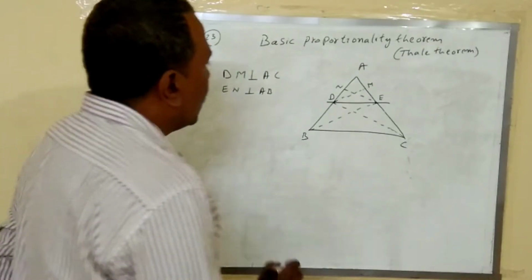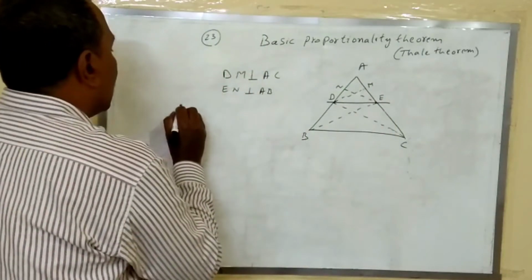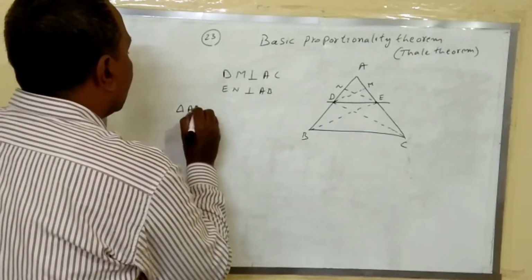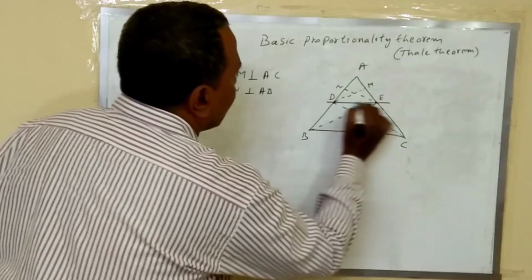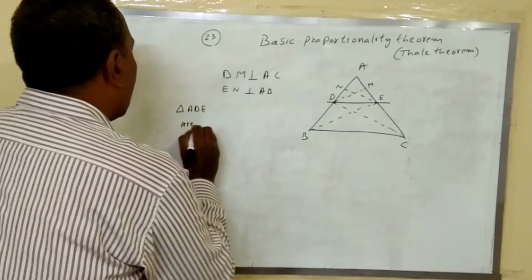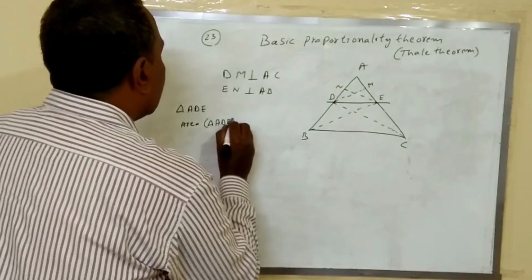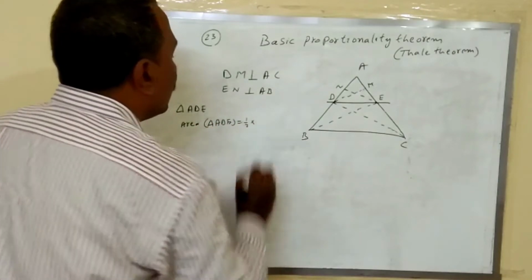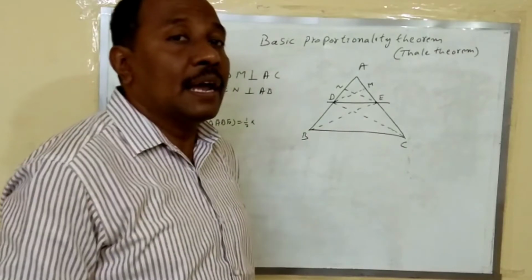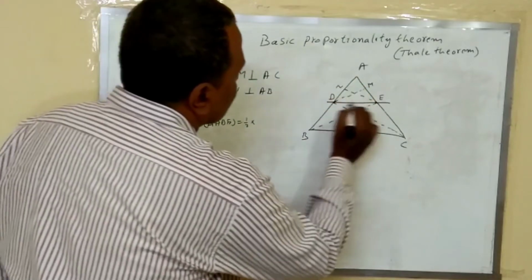Now consider this triangle ADE. Area of triangle ADE is equal to half into, what is the formula for finding the area of a triangle? Half into base into height. So I am taking this triangle.